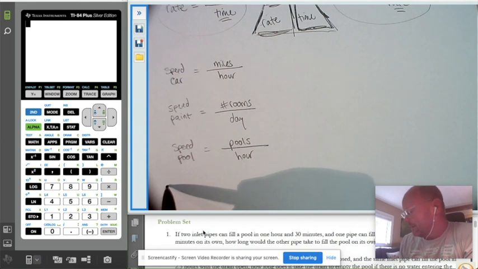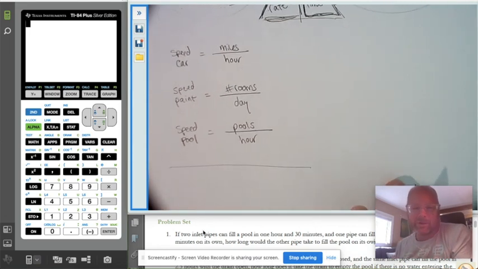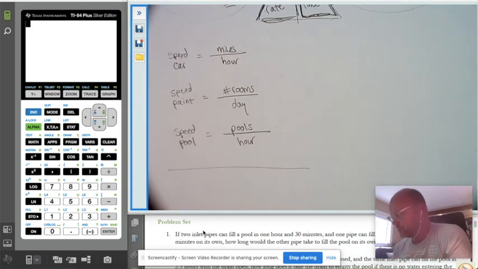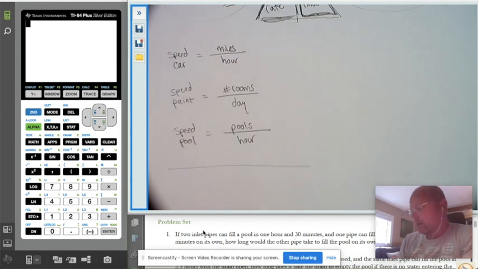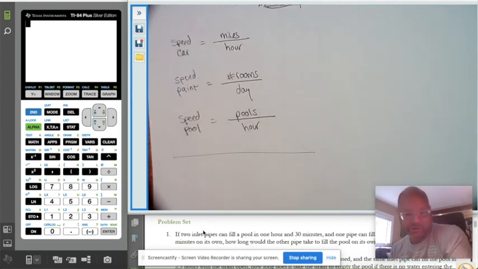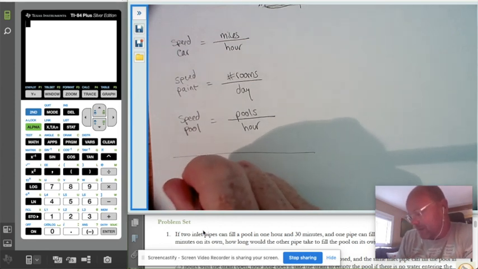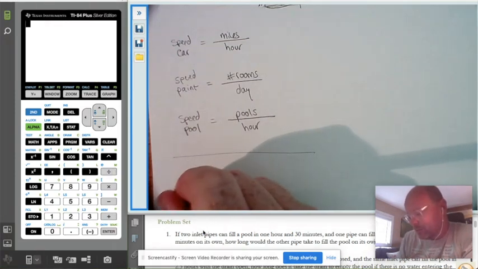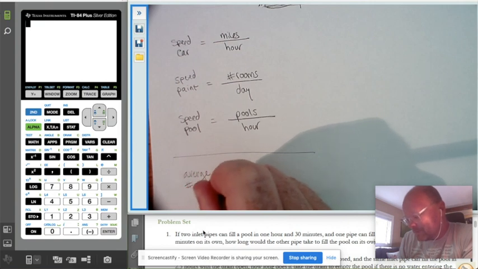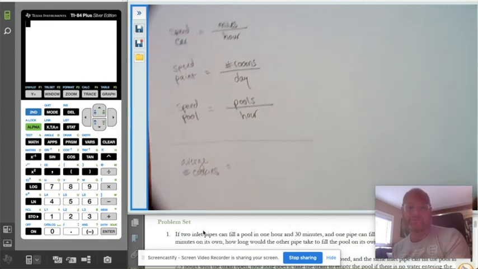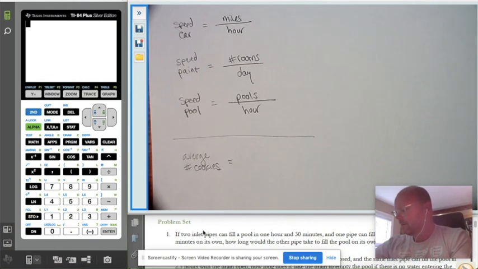And just to show you maybe the hardest ones to recognize, the hardest rates to recognize, at least for me, are when you have things that are averages. Averages are also rates. So if I was going to talk about the average number of cookies that a classroom full of third graders eats, how do you get the average number of cookies?